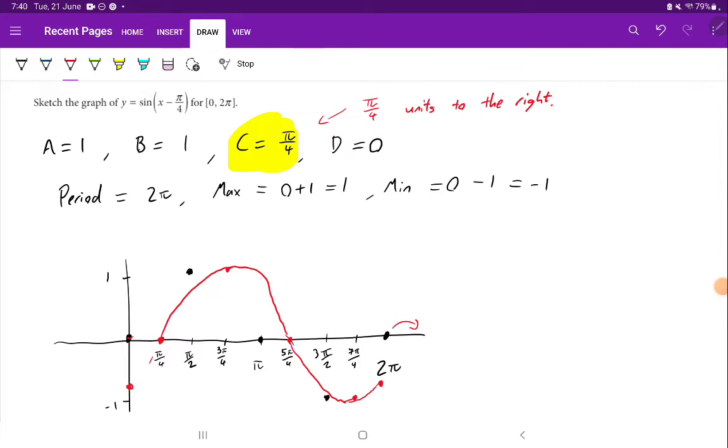So how can we work it out? Well, the easiest way is to just sub in some values. So if I want to know what the value of y is when x is equal to something, well, the easiest thing to do is to actually just sub in that. So let's say x equals 0, well, we're going to get y equals sine of 0 minus pi on 4.